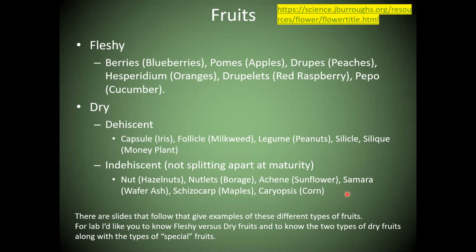There are two types of dry fruits based on how the fruit splits to release seeds when they mature, right? Dehiscent, the first type, is when the actual fruit splits into different parts. Indehiscent is non-dehiscent, meaning they do not split apart at maturity, right?